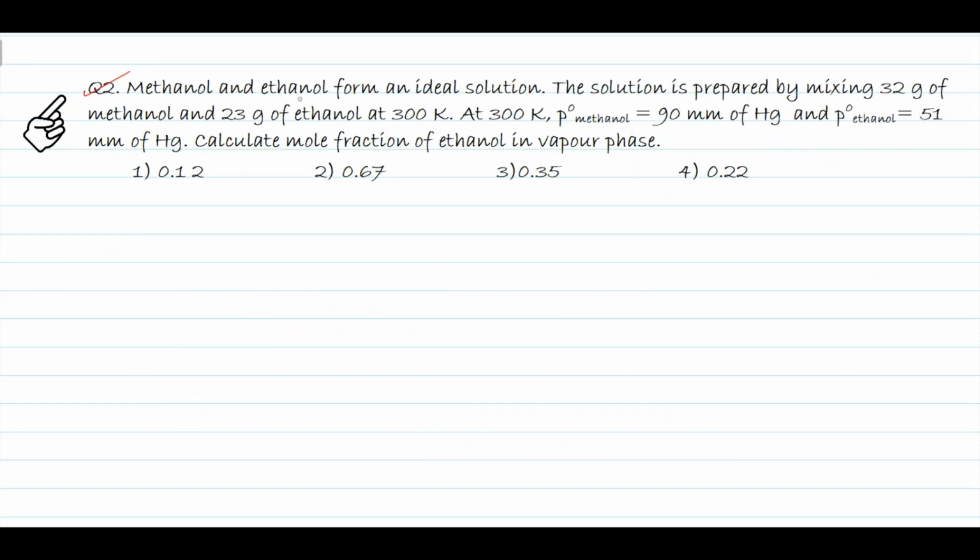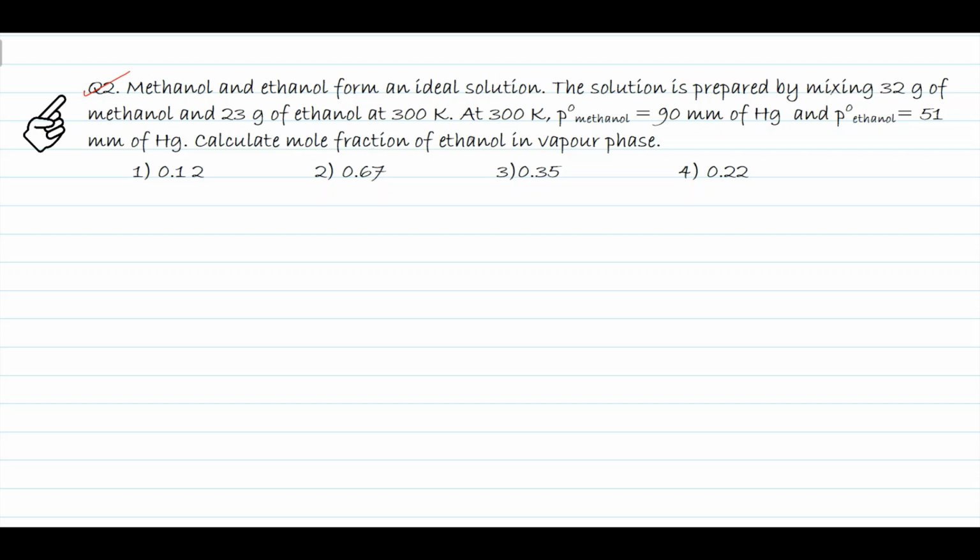Okay. Question 2. Methanol and ethanol form an ideal solution. The solution is prepared by mixing 32 gram of methanol and 23 gram of ethanol at 300 Kelvin. At 300 Kelvin, P0 methanol equal to 90 mm of mercury and P0 ethanol equal to 51 millimeter of mercury.